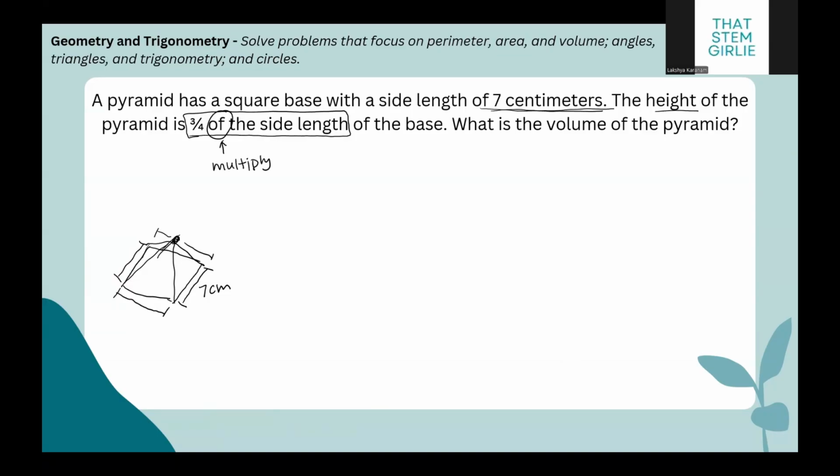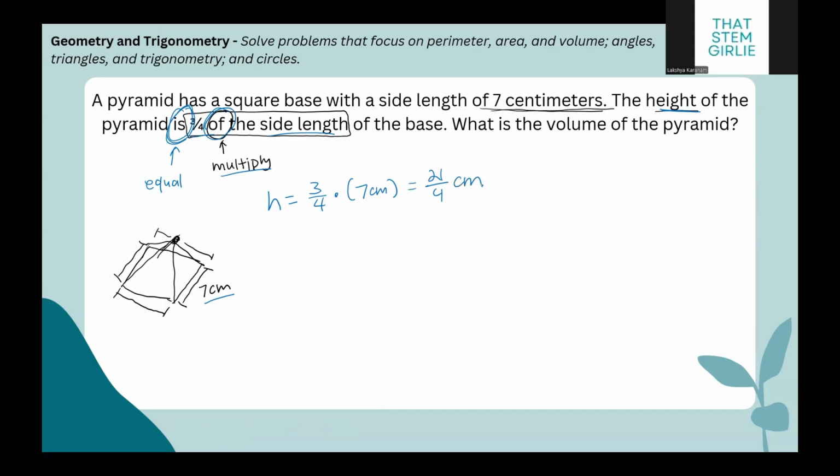So it's telling you that the height h is 3/4. So height is, which tells you to put an equal sign there, right? 3/4 of, which tells you multiplication, the side length S, which is in this case 7. We know that it's 7 centimeters, right? So we can go ahead and compute this right out the gate, which is 21 over 4 centimeters.